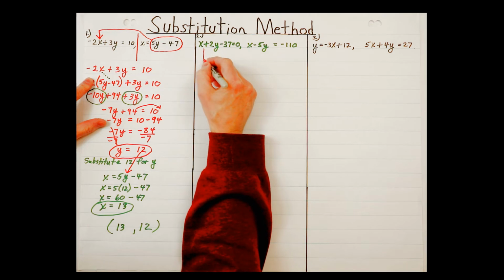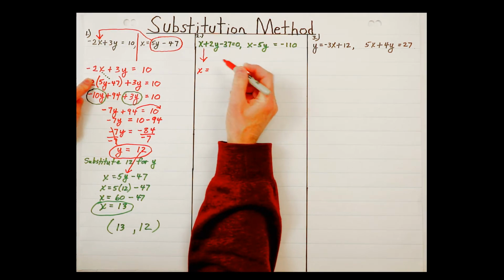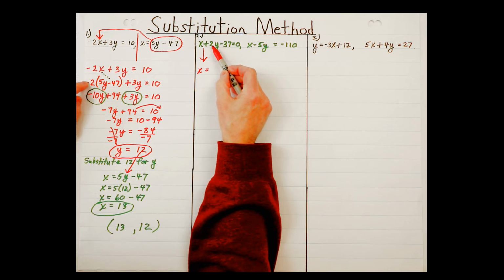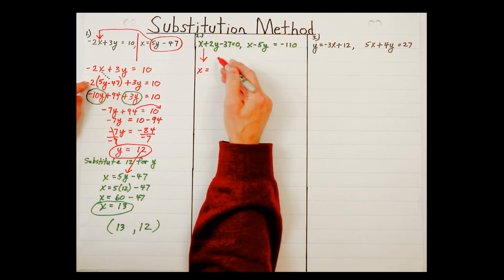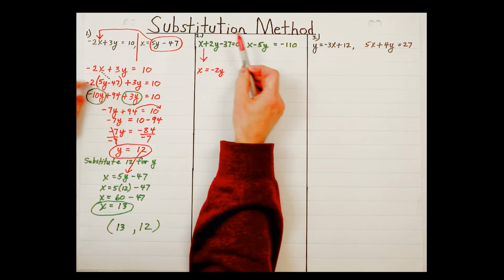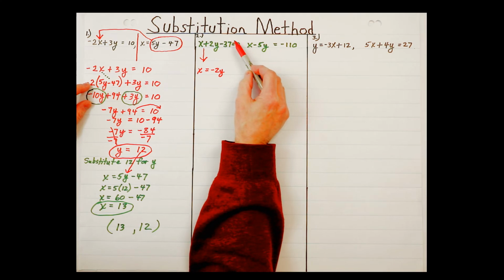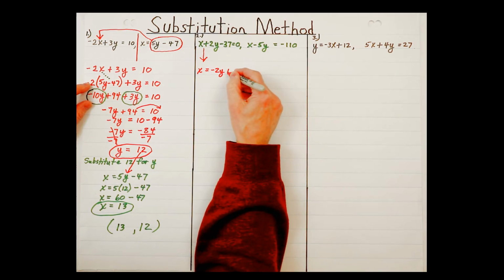Okay, so let's bring this down here. X equals, if you take 2y across the equal sign, it becomes negative 2y, right? Opposite operation. Subtract 2y, subtract 2y. Now if we take the minus 37 across the equal sign, that changes to plus 37.